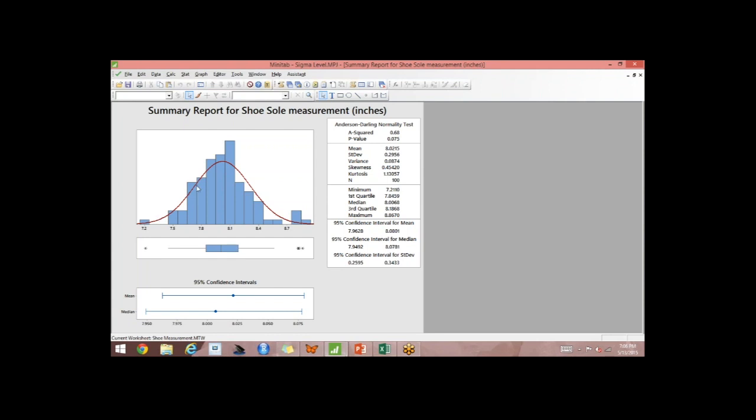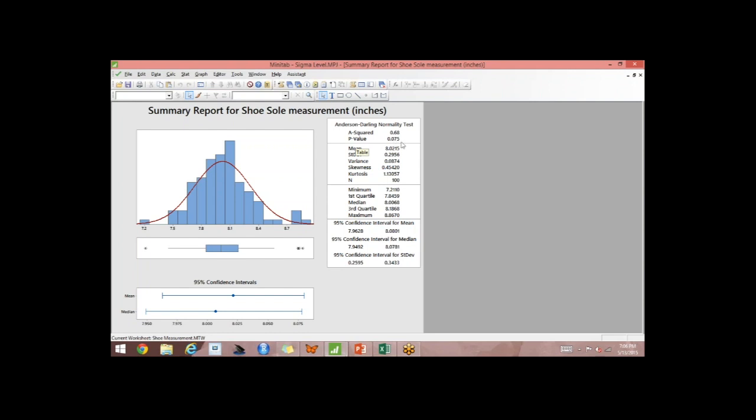This data seems to be following normal distribution if I look into the graph because it's beautifully shaped symmetrically. That is what I feel. But I do not want to base my decisions by looking at the images. So let us base our decisions on a few numbers. Look at this. Anderson-Darling normality test. If the p-value is greater than 0.05, that means data are normal.